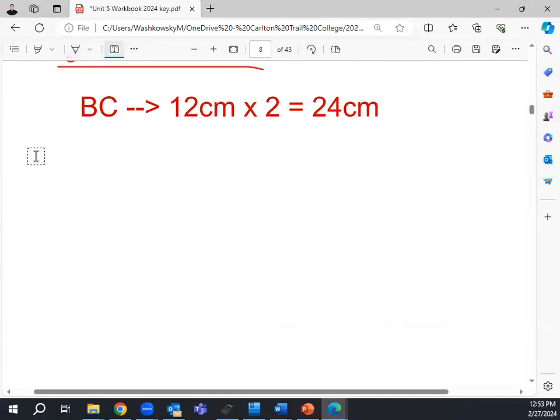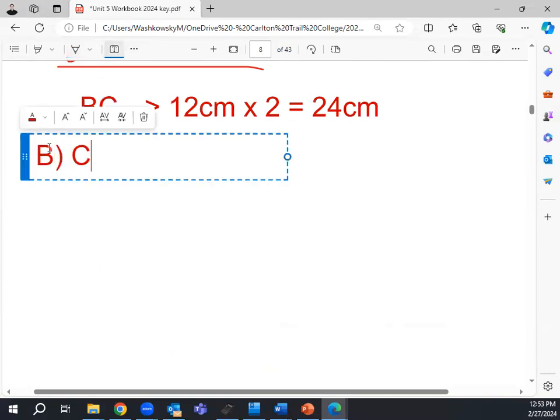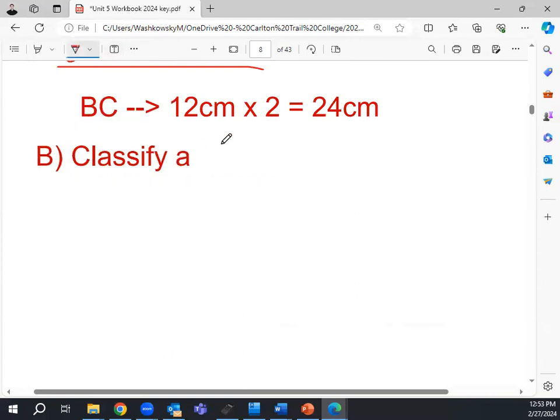Well, when we classify a triangle, there's a couple things we need to put.